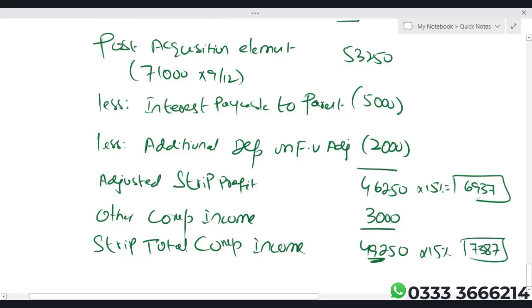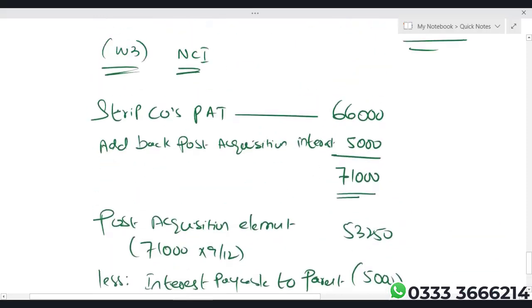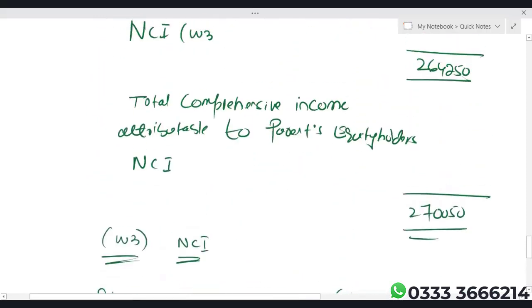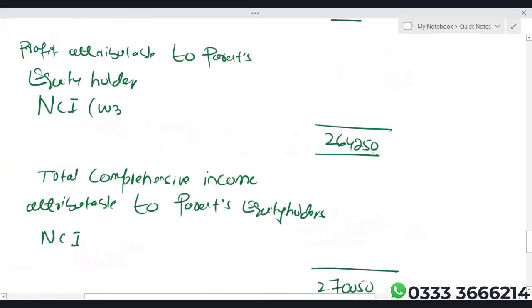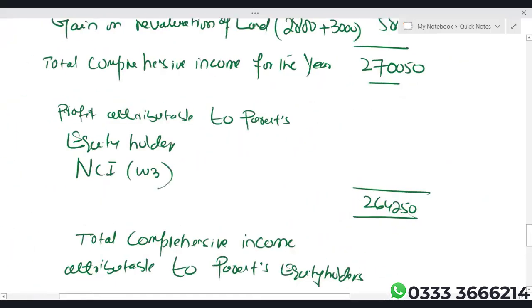Earlier when we did the questions of group P&L, there wasn't any other comprehensive income. Whenever there is other comprehensive income, you have to give share to the NCI in subsidiary's adjusted profit as well as subsidiary's adjusted total comprehensive income. So share of the profit is 6,937.